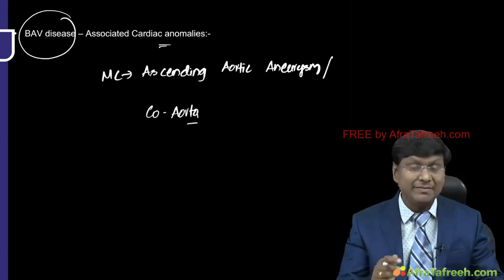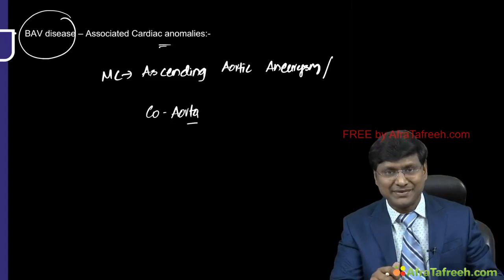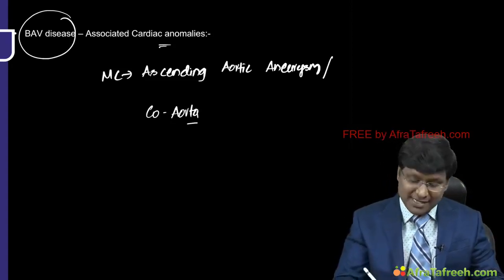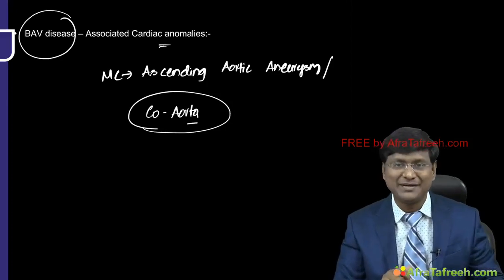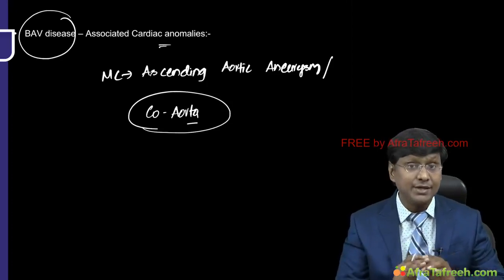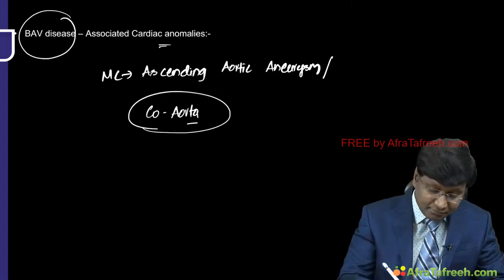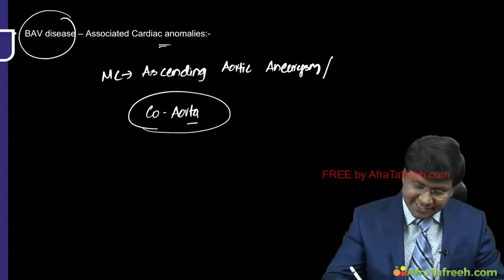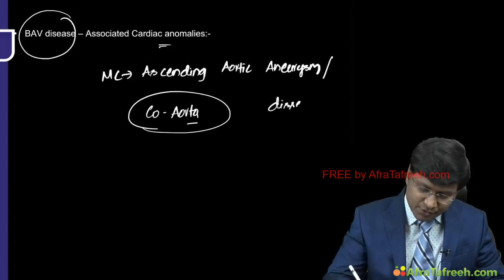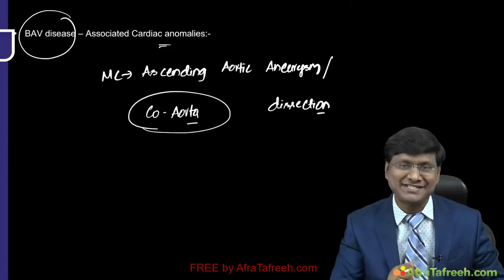The more common will be the ascending aortic aneurysm. That will be more common compared to the coarctation of aorta associated with the bicuspid aortic valve, right? And you need to understand that these aneurysms are at risk of dissections. Okay, so they can also have the associated aortic dissection as well.